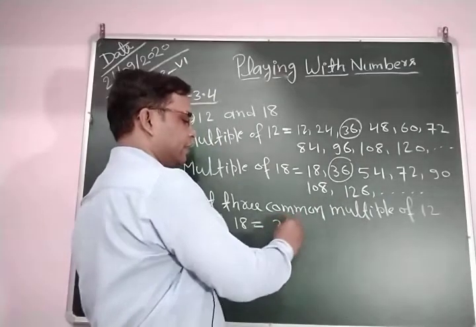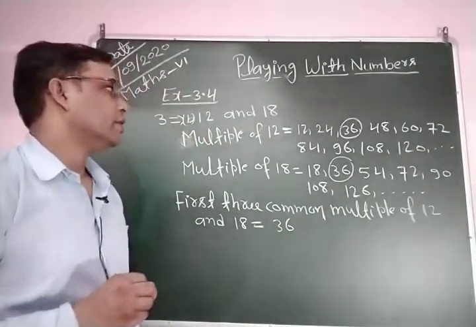So you can see 36 is a common multiple of 12 and 18.